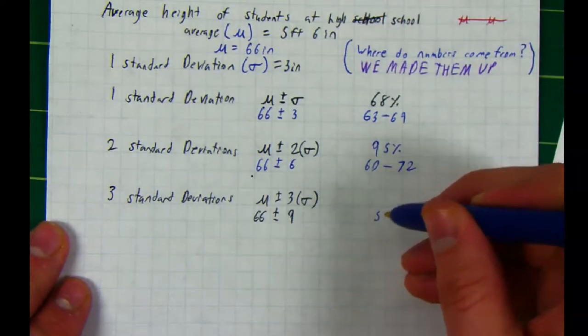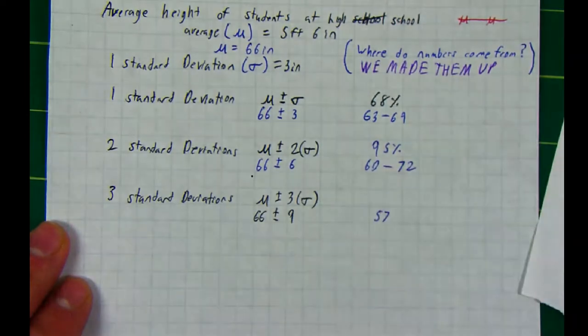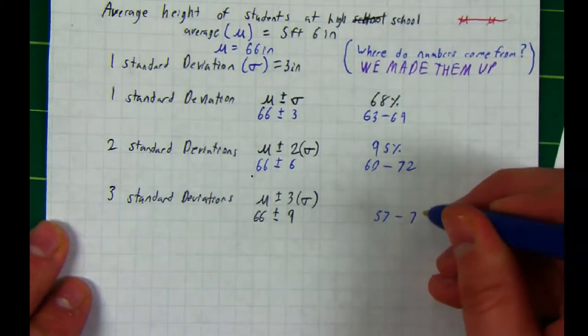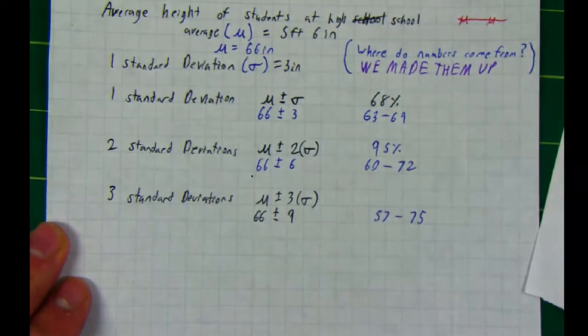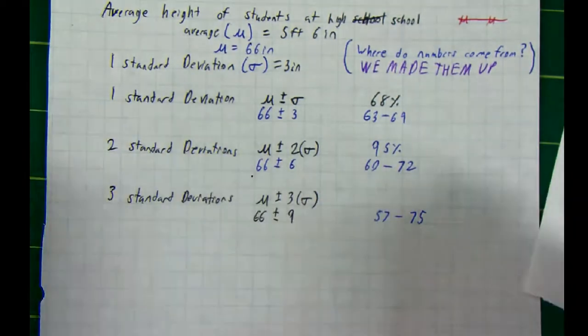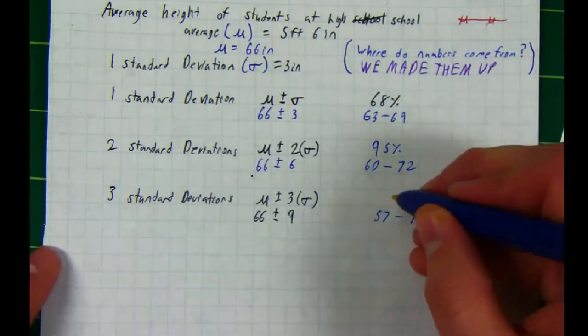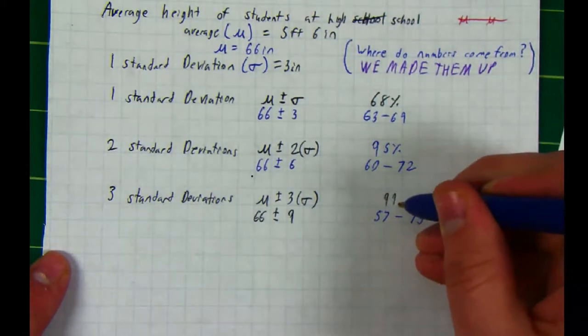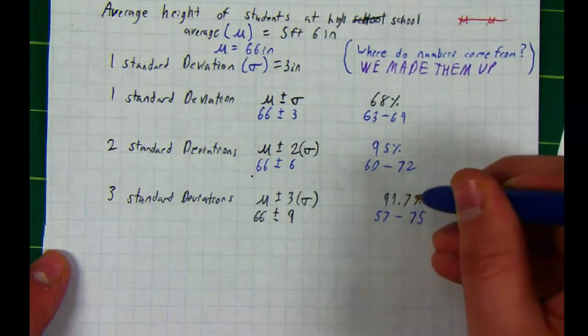This would be 57 inches, or 4'9", all the way to 75 inches, or 6'3". Once you've gone 3 standard deviations out from the average, this represents 99.7% of the population.